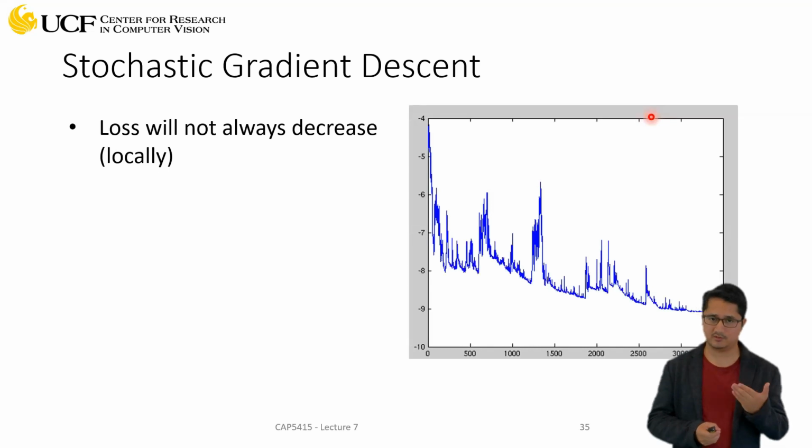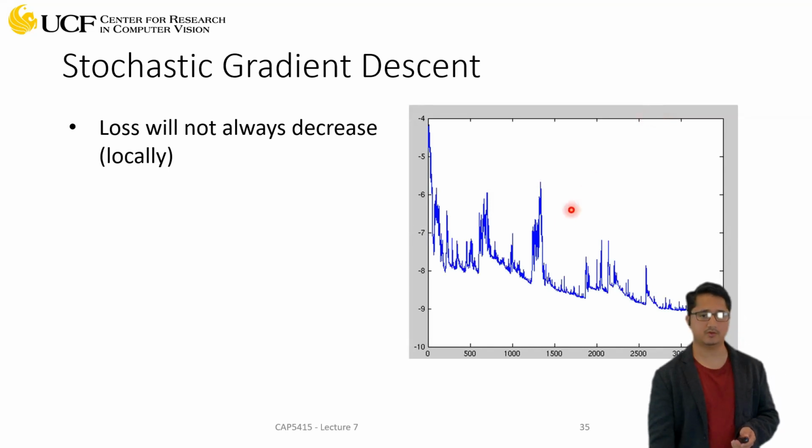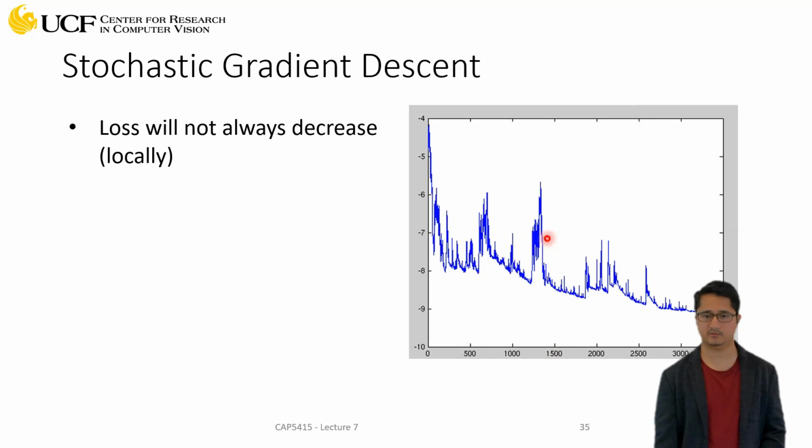So when you actually train your network and you try to plot your loss values, let me explain this curve over here, and you'll have to do this a lot when you train your networks. The x-axis is the iteration, starting from zero when you initialize the network.